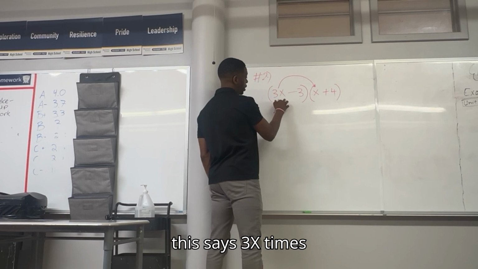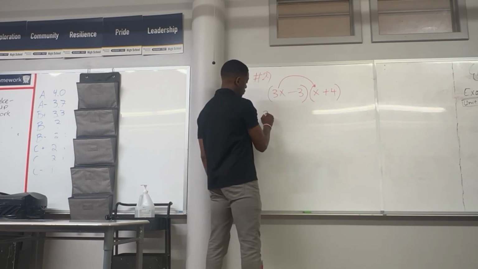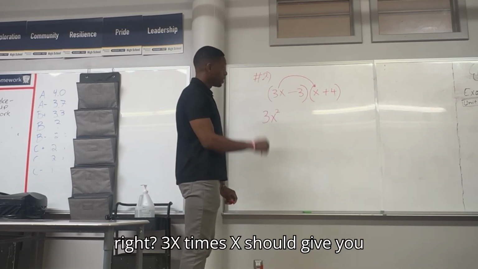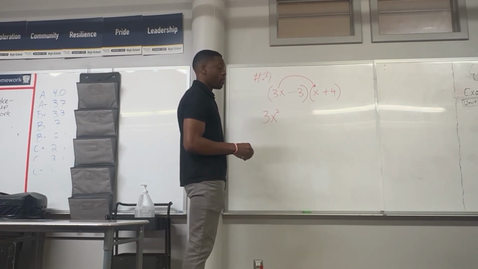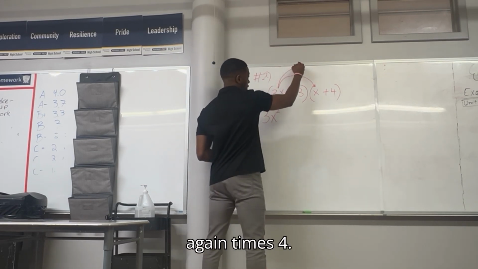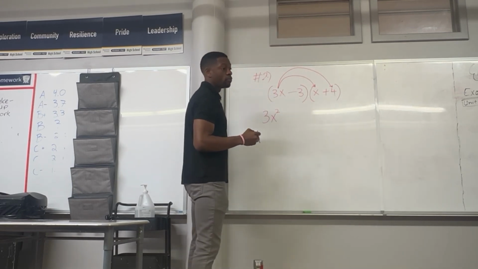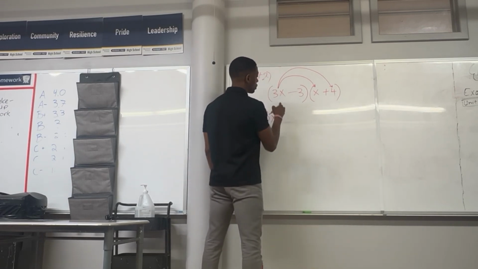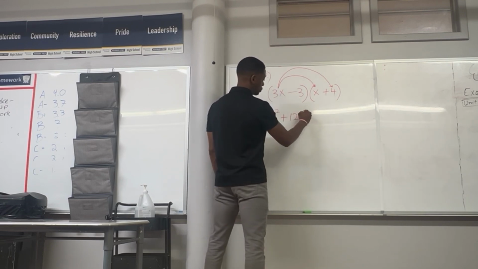So this says 3x times x. Right? 3x times x should give you 3x squared. What about this one? 3x again times 4. 12 what? 12x. See that?